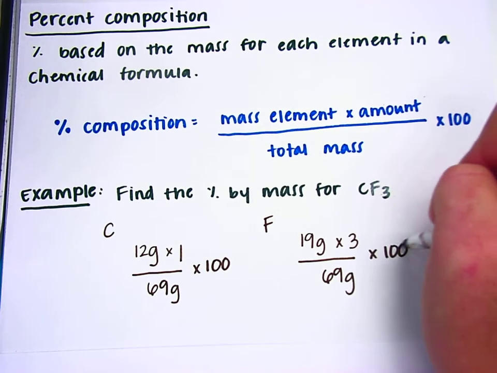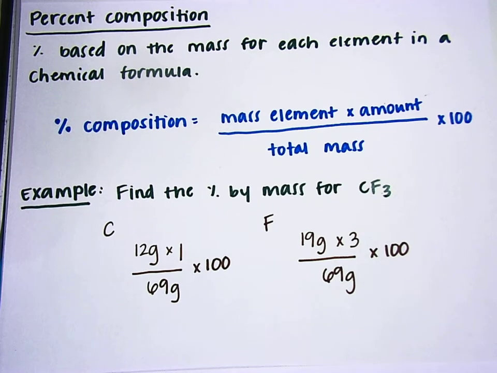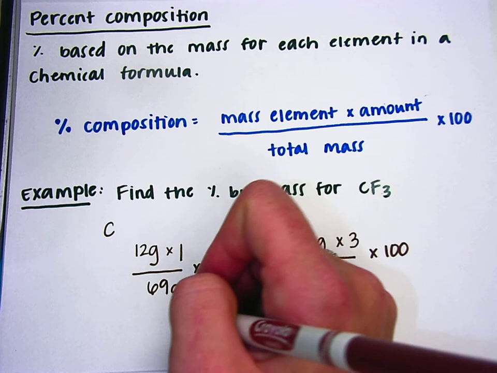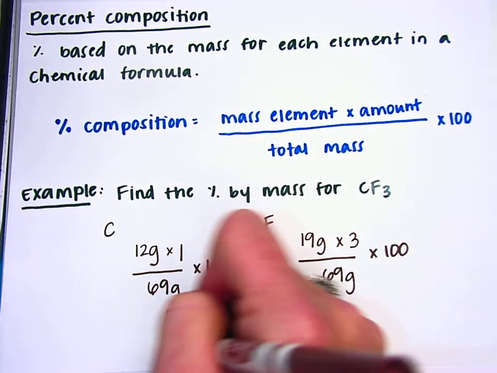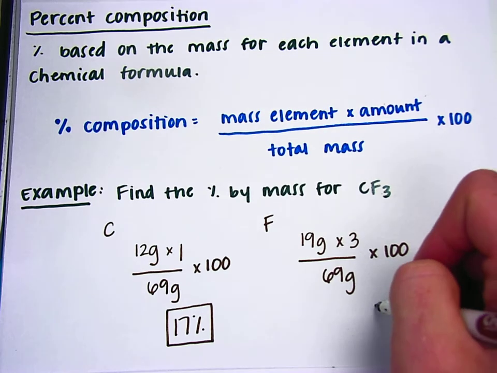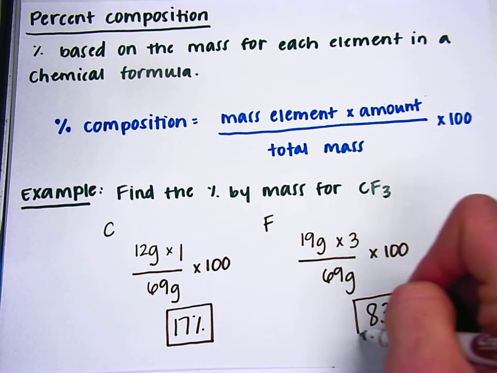And then all I have to do is do the math. So 12 divided by 69 times 100, and 57 divided by 69 times 100. If you do that math, this problem is 17% carbon and 83% fluorine. I did round those off a little bit.